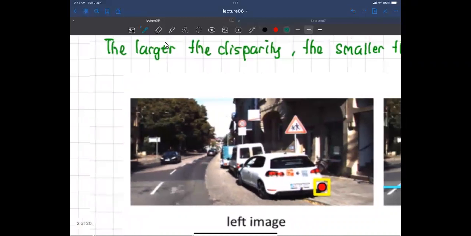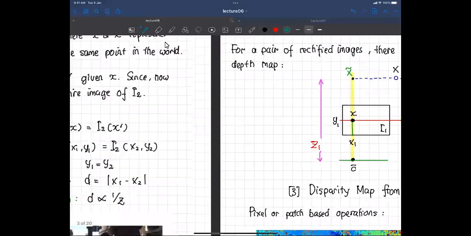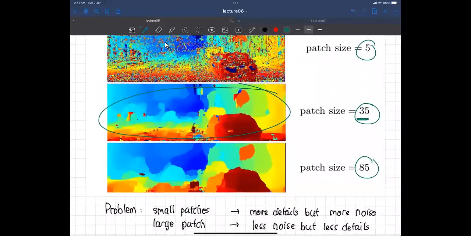So it doesn't make sense to set one patch size for the whole image, and that's something that we want to solve. Two things. One is that we do not know what will be the best patch size for a given image. And more complex than that is that this patch size also depends on the texture.